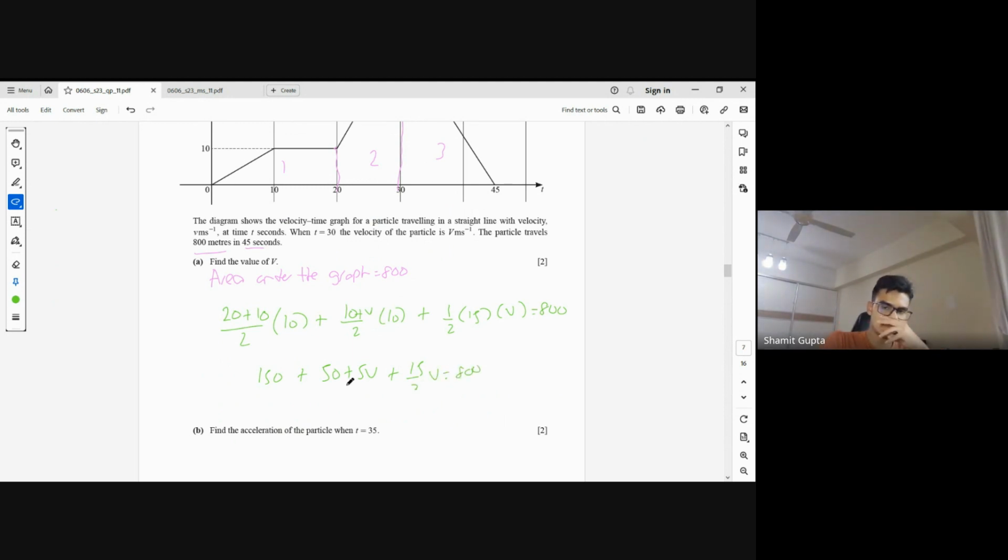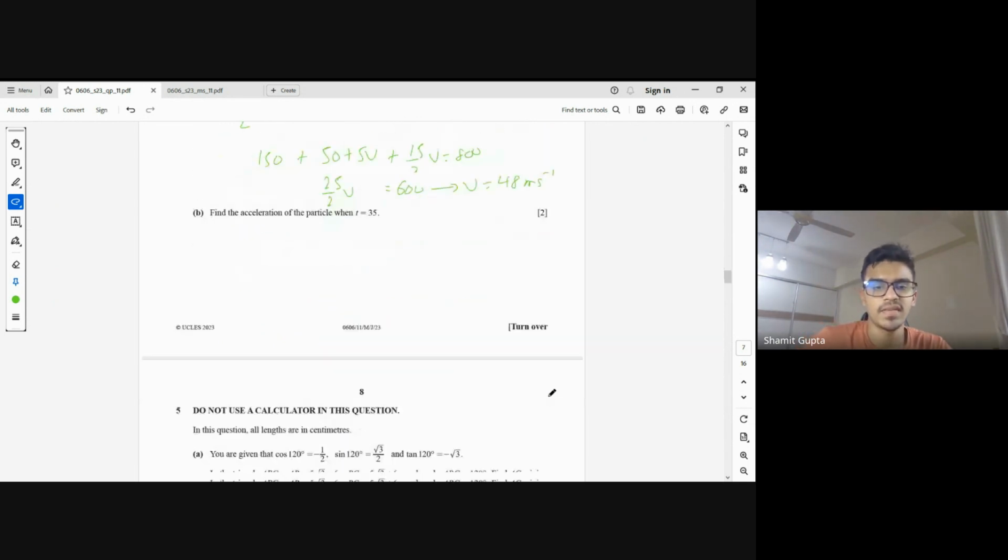So it becomes 25 over 2 v is equal to 600. So v is equal to 1200 divided by 25, 48. That's what v is.